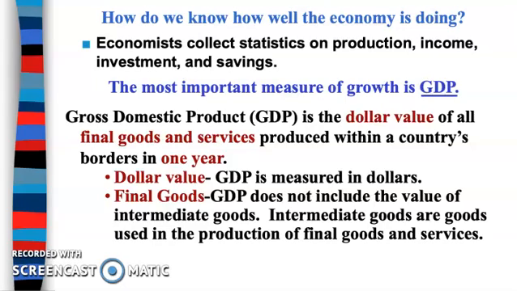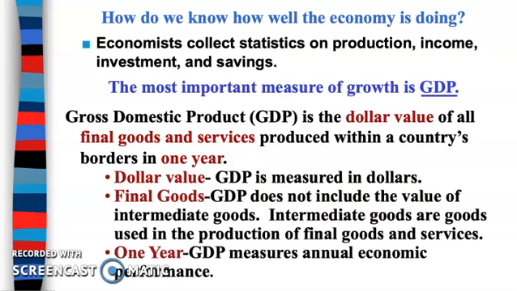So for instance, let's say you have a car company, the value of the car is what's counted towards GDP. But let's say you own a parts company that supplies parts to make that car. What you're making doesn't count towards GDP because what you're making goes into the car, which then gets counted towards GDP. And so that intermediate good doesn't get counted.